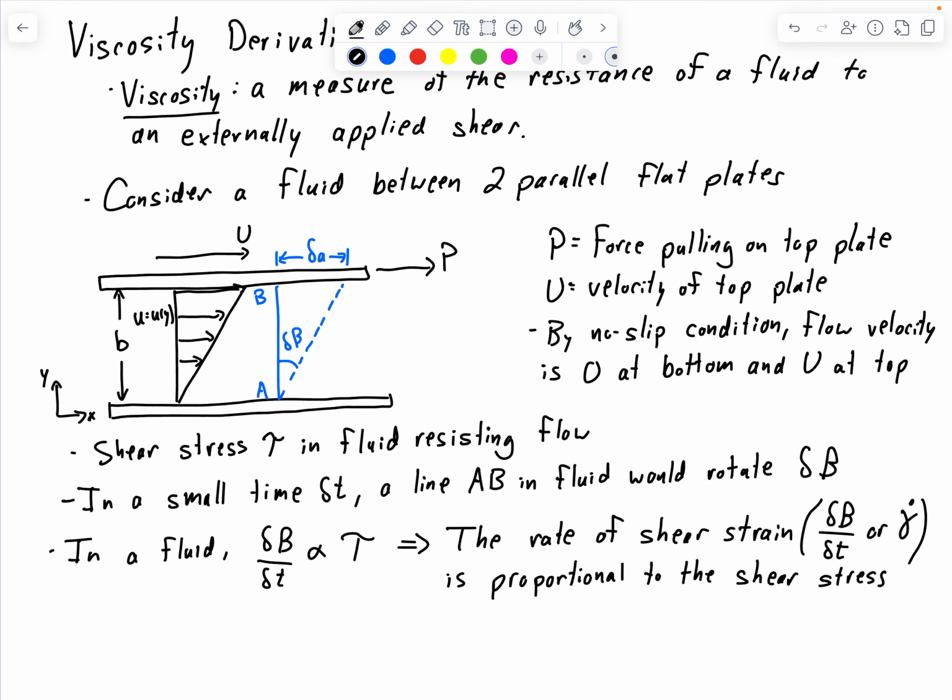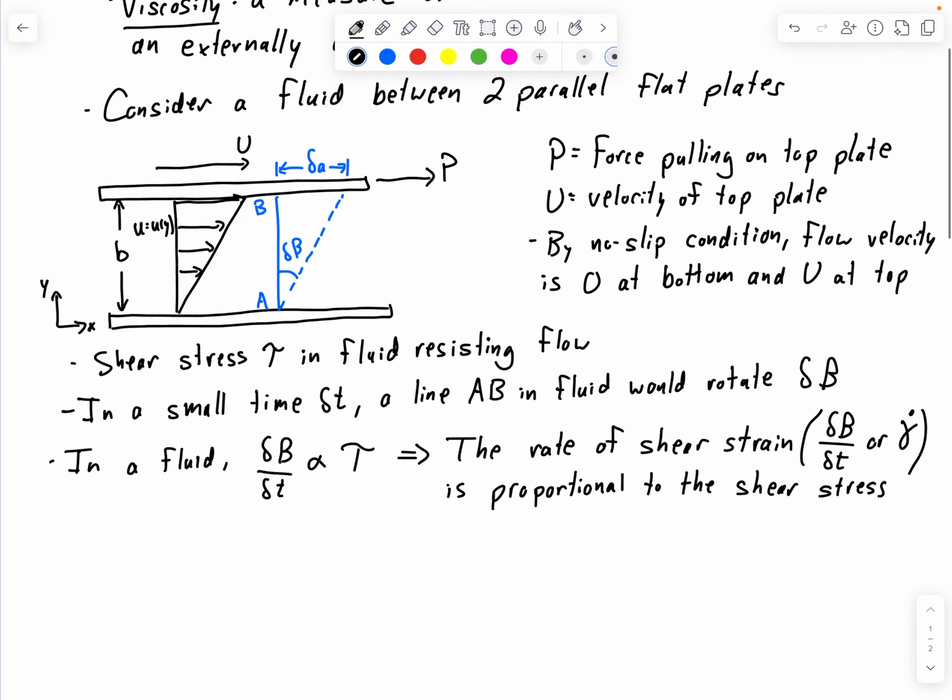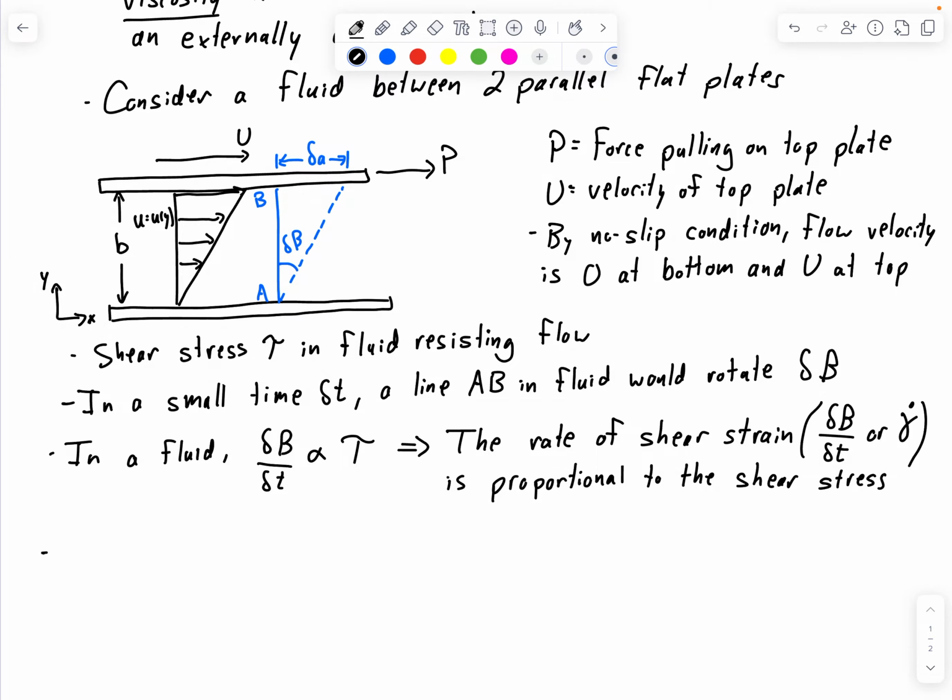Okay, so delta beta by delta t is proportional to the shear stress, but it sure would be nice to have a better expression for delta beta in terms of some of the other quantities that we have here. So that's what we're going to try to do: find an expression for delta beta.